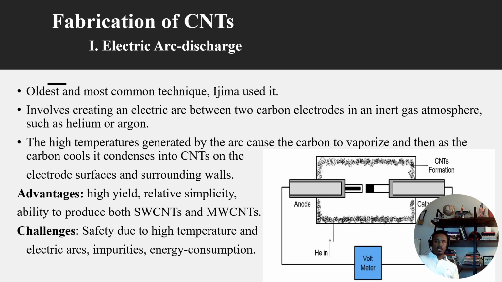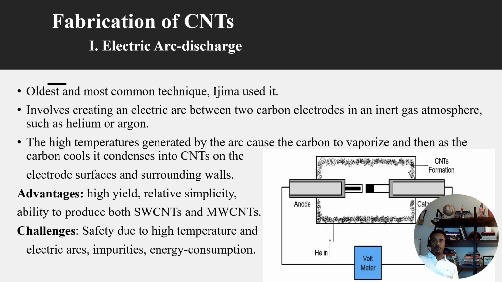So the high temperature generated by the arc causes the carbon to vaporize, and then as the carbon cools, it condenses into nanotubes on the electrode surface and the surrounding wall. During this process, a constant current is maintained to produce high quality carbon nanotubes at a high temperature of approximately 4,000 to 6,000 Kelvin.